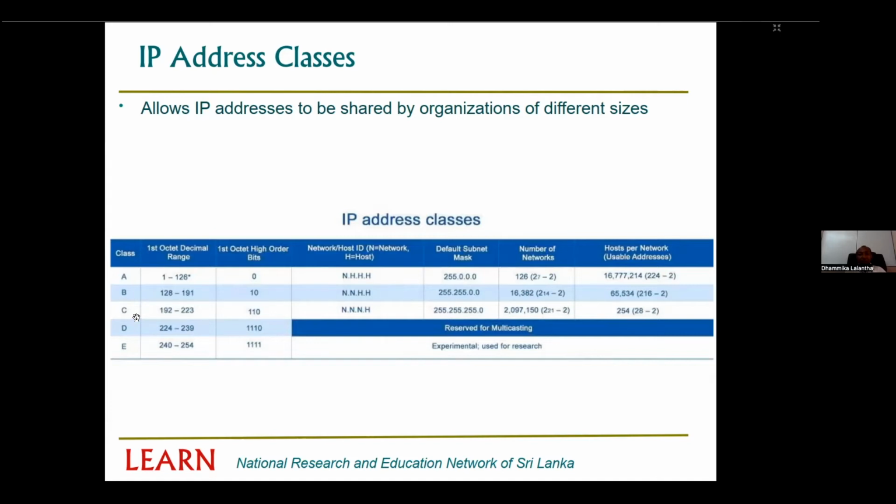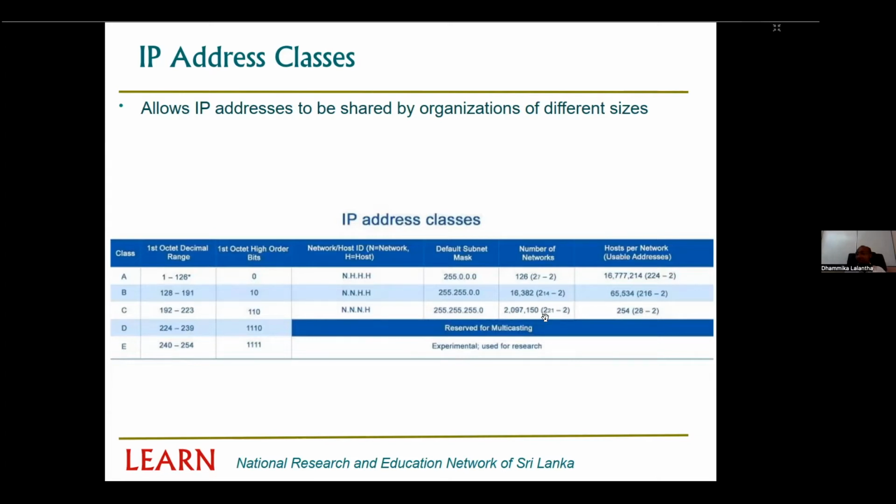For a class C network, the network ID will have 24 bits and the host ID will have 8 bits. So the default subnet mask will be 255.255.255.0, and the number of networks that class C can have is about 2 million.